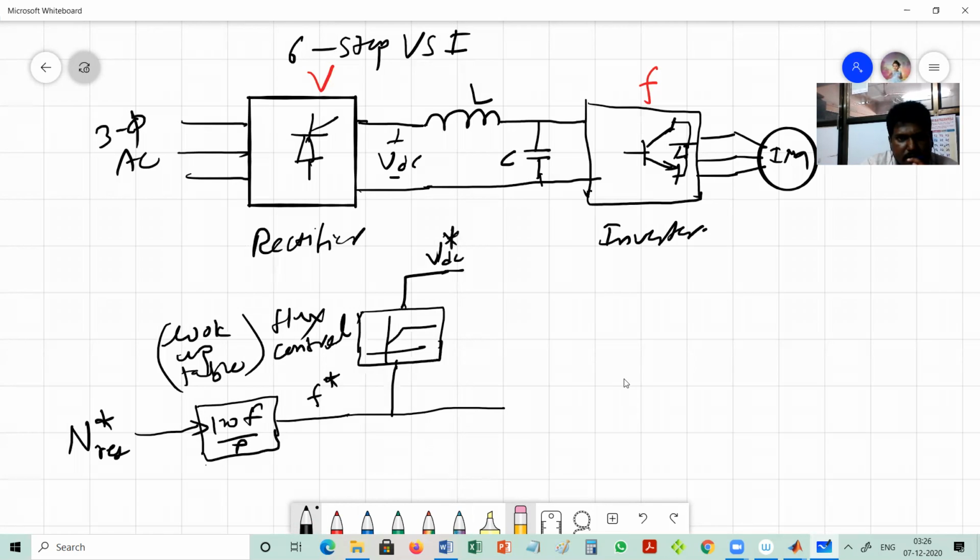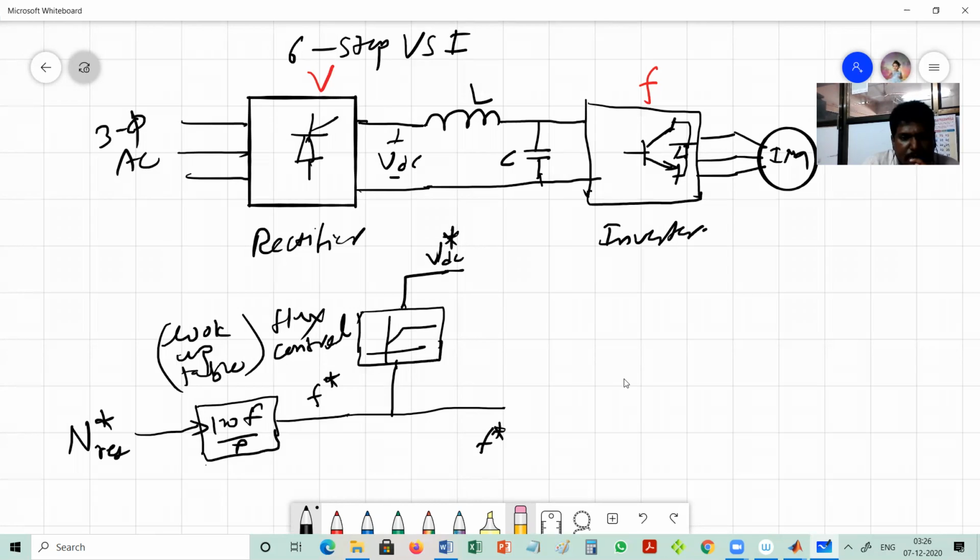Because we are changing the voltage given to the induction motor by changing the DC link voltage, I will write VDC star. So we have two signals, one is F star and the other is VDC star.